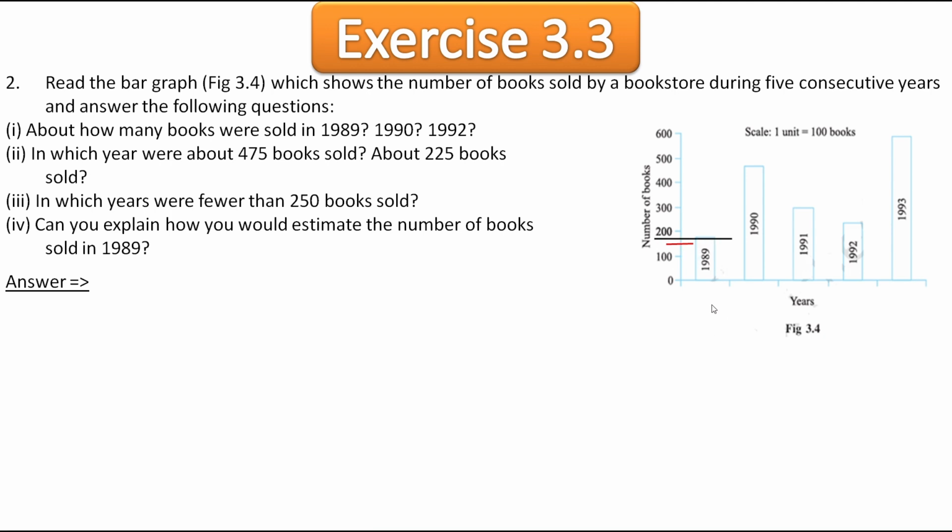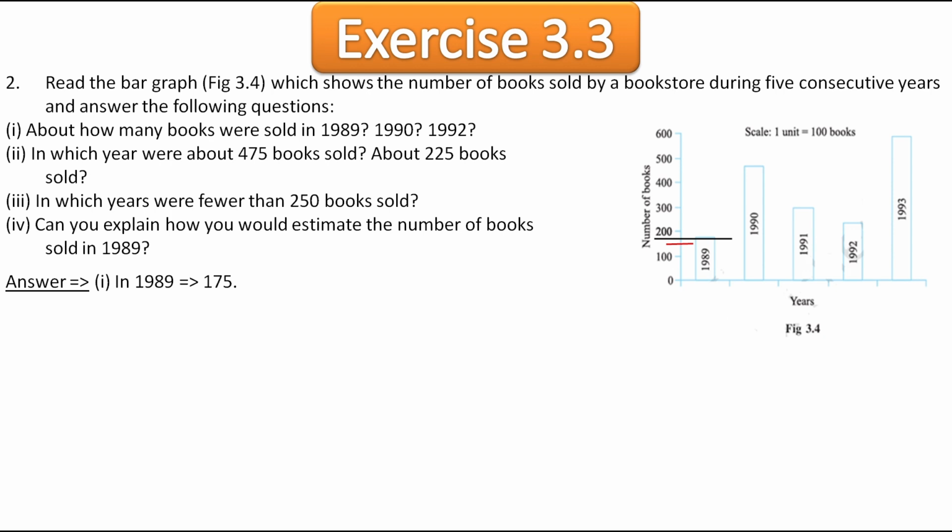That means it is between the red line and the 200 line. So we can say approximately, it is not exact, that 175 books were sold in 1989.